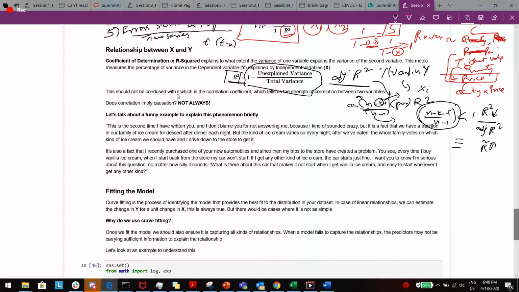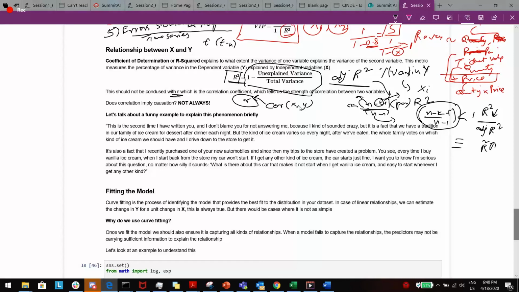And one more thing we want to point out here: when you say R squared, do not get confused with the small r. This is nothing but the correlation coefficient. If you try to find the correlation between x and y, that is your small r.